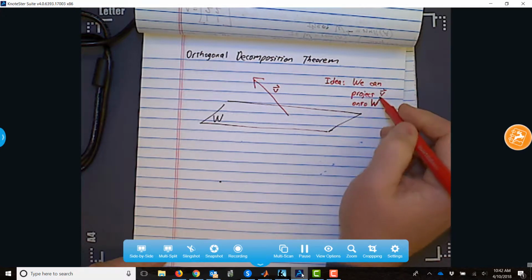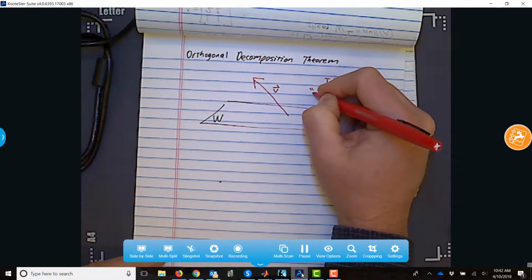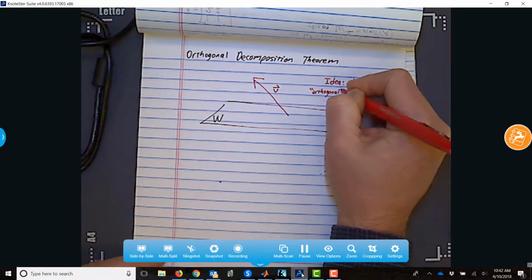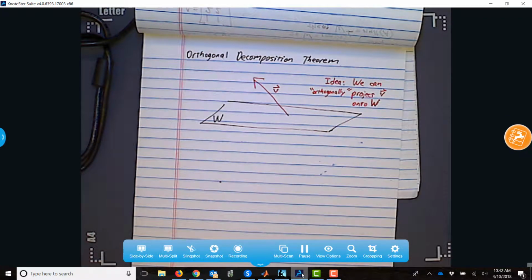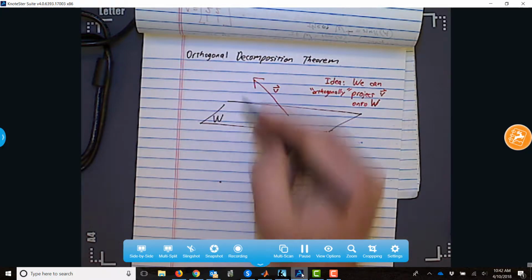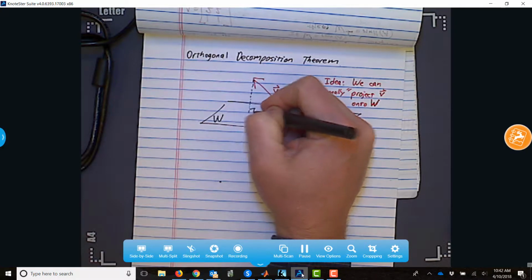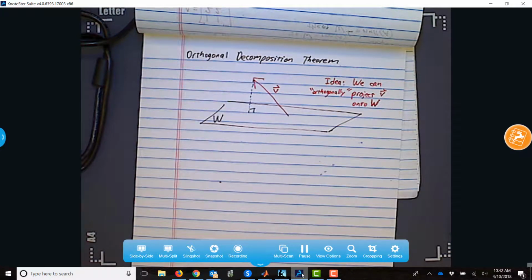When I say project, what I really mean is orthogonally. What I'm saying is there's exactly one place that you can drop a perpendicular, as you might say.